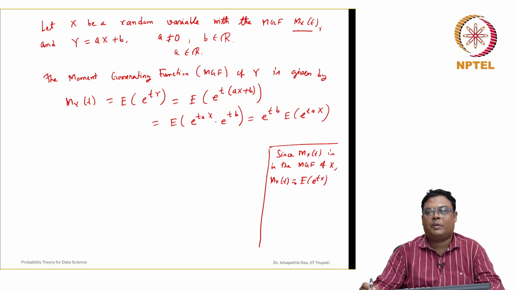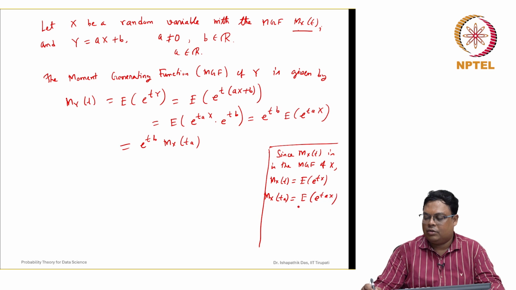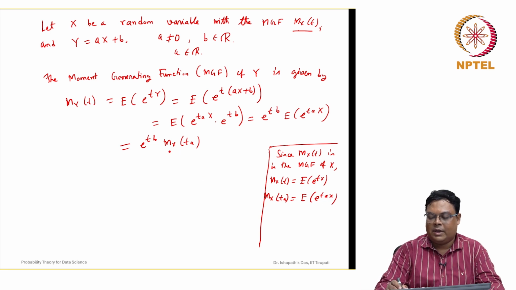We assume that this moment generating function exists for some values of t. So Mx(t), this function of t, is nothing but the expected value of e to the power of tx. Hence e to the power of ta into x, where ta is a real number, times e to the power of tb. So this is Mx(ta), because if you replace t by ta, we get e to the power of tax.